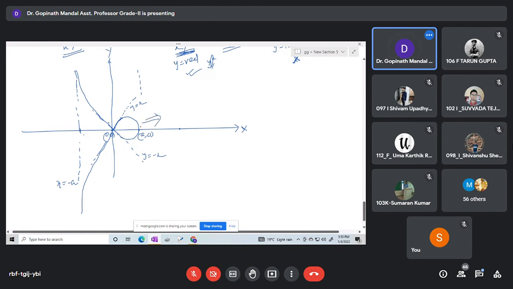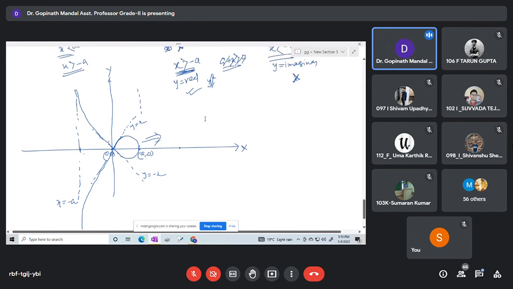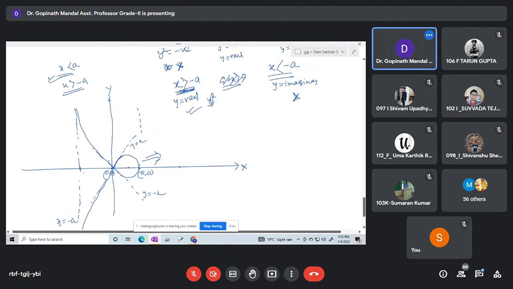For x greater than a, we can't find any part of the curve, because x must be less than a. So this is our curve: y square (a plus x) equals x square (a minus x).